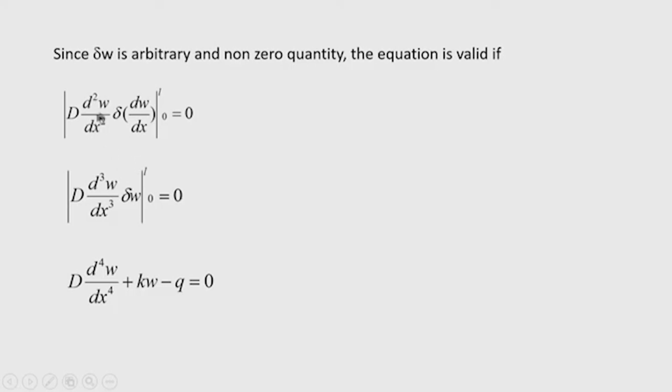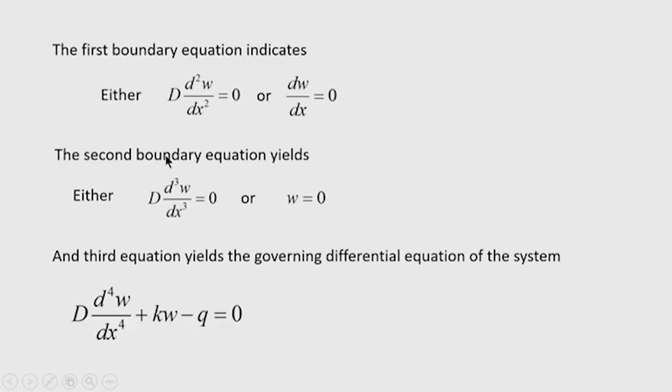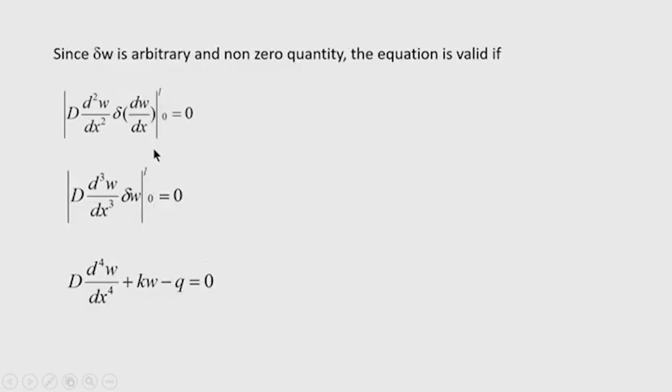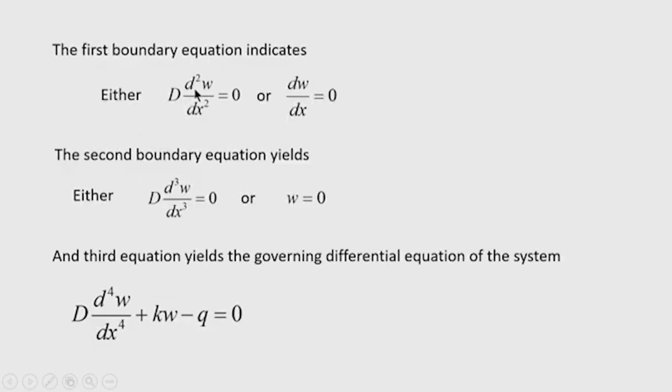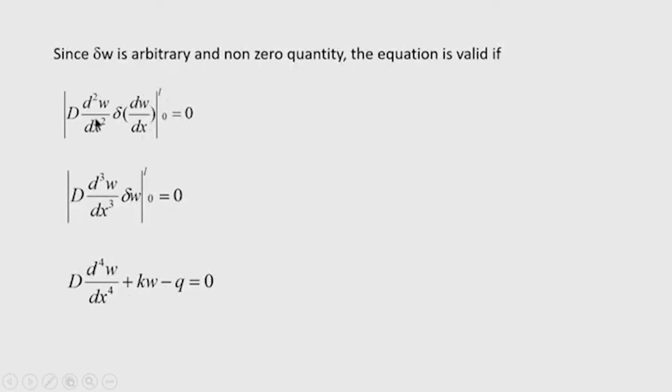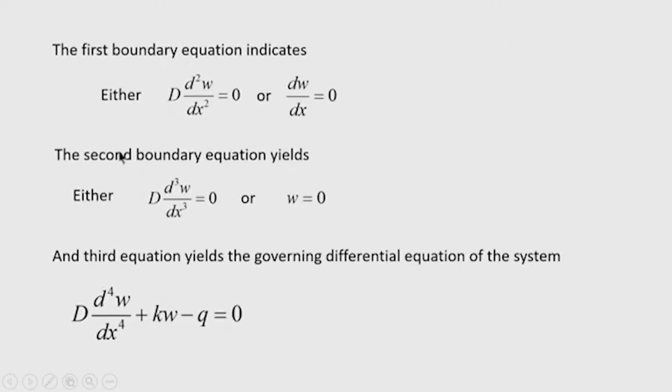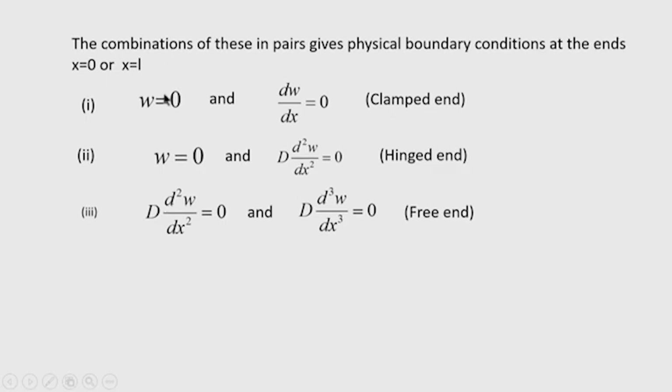Okay. Now, several combinations of boundary values are possible. Let us see. From the first equation we can see that either this is 0 or this is 0. Okay. The product of two quantities is 0. So, therefore, this is 0 or this is 0. The second boundary condition also yields like that, and the third equation yields the governing differential equation. So, taking different combinations of these boundary values, we can now interpret physically the boundary conditions.